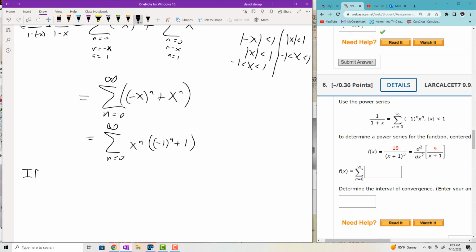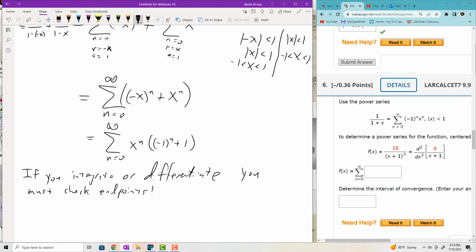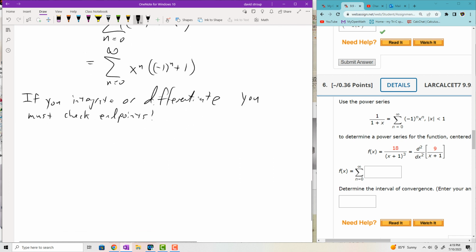So if you integrate or differentiate, and in particular if you integrate, you must check the endpoints for convergence or divergence. Okay. Anyways, let's look at number 6.